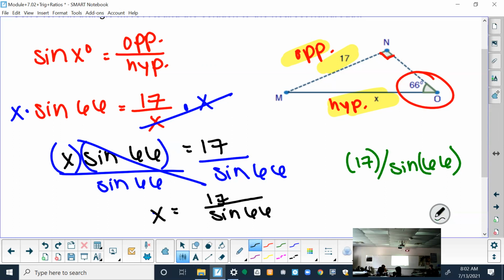All right, and then if you entered it into the calculator the right way, then x should equal about, so that's what these squiggly lines mean because we're rounding, about 18.61 units.